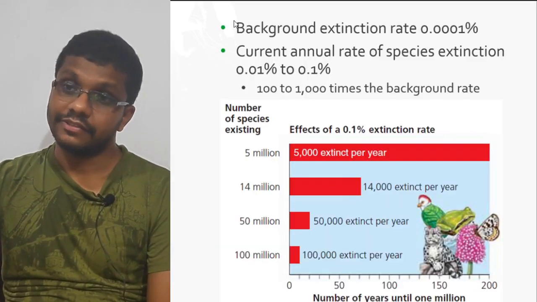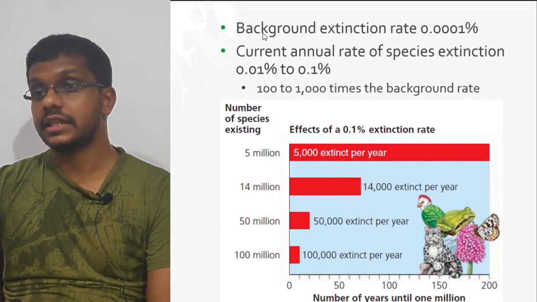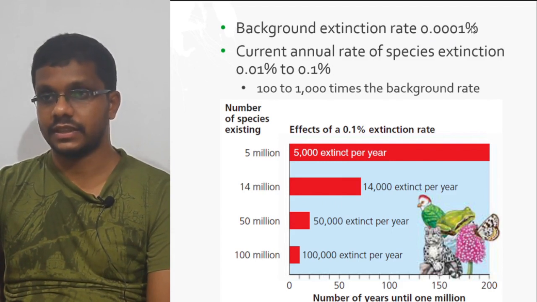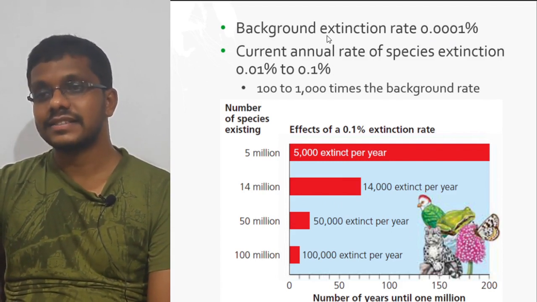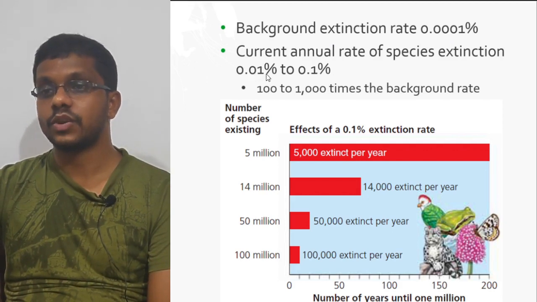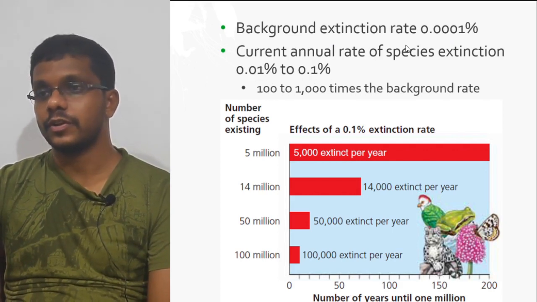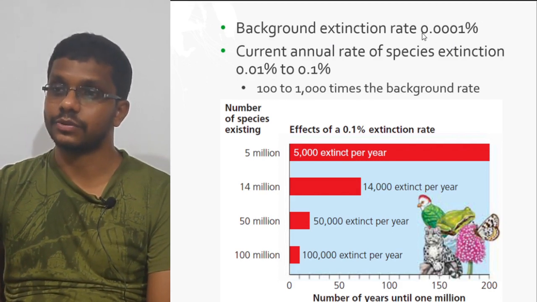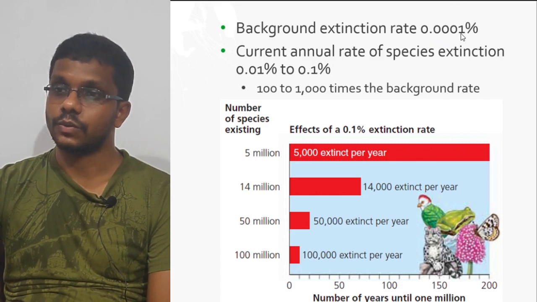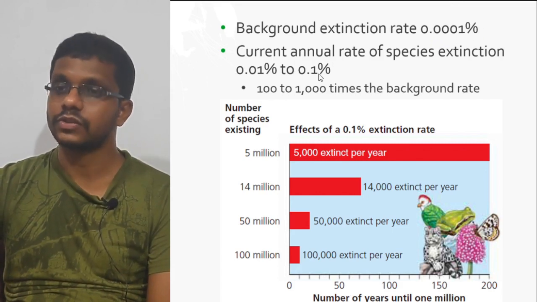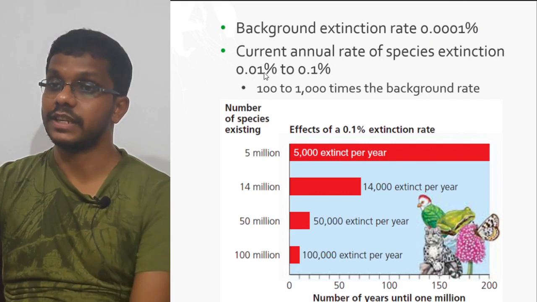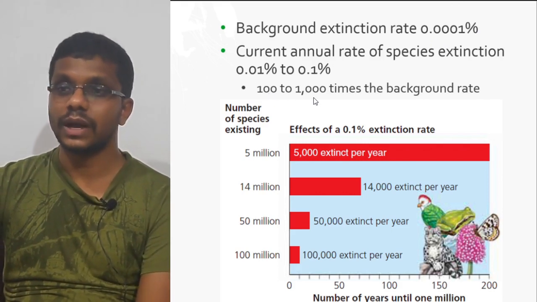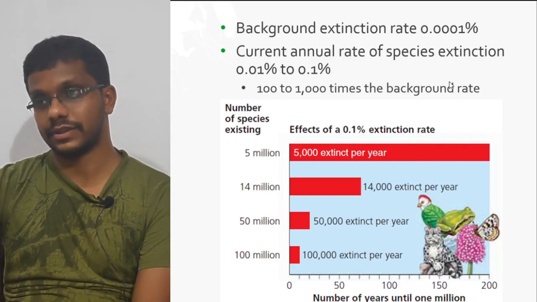Based on different estimates, we have found that the background extinction rate is about 0.0001 percentage, but the current extinction rate is 0.01 to 1 percentage. Without human activities, we would expect an extinction rate of 0.0001 percentage, but because of human activities, the extinction rate has increased to 0.01 to 0.1 percentage, which is 100 to 1000 times larger than the background rates.